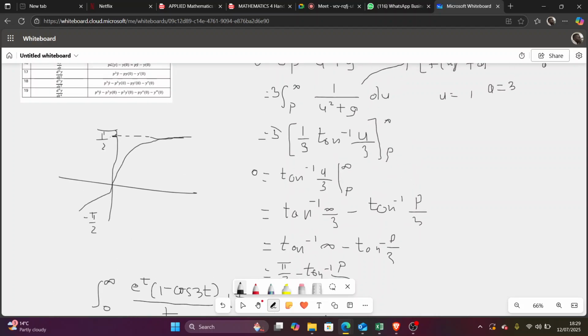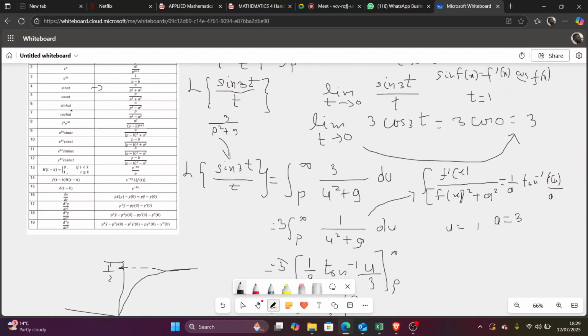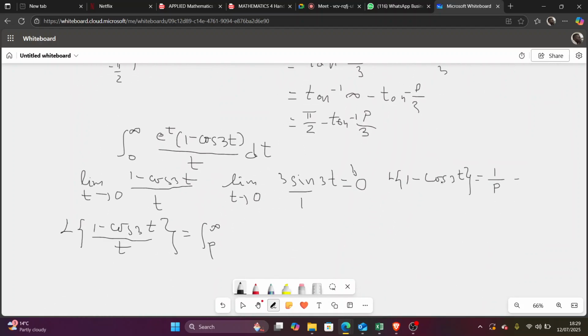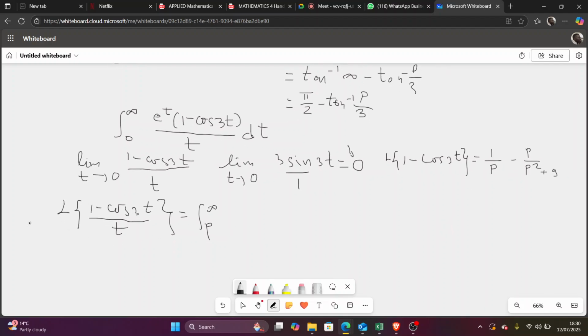You also have a formula sheet. Cos at is p over p square plus a square. A here is 3, so a square will be 9. This is what you get as Laplace of the numerator.